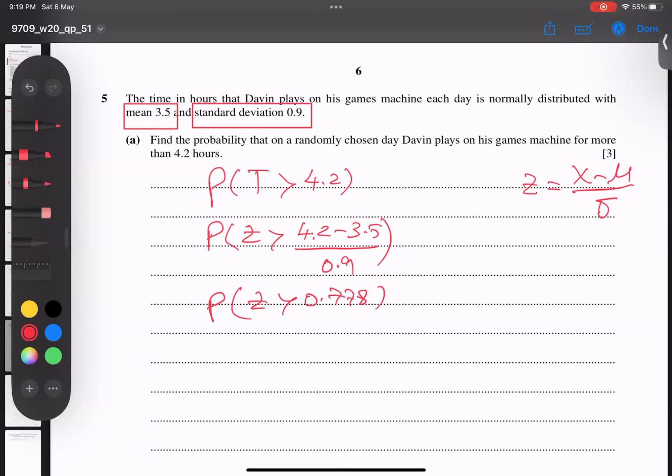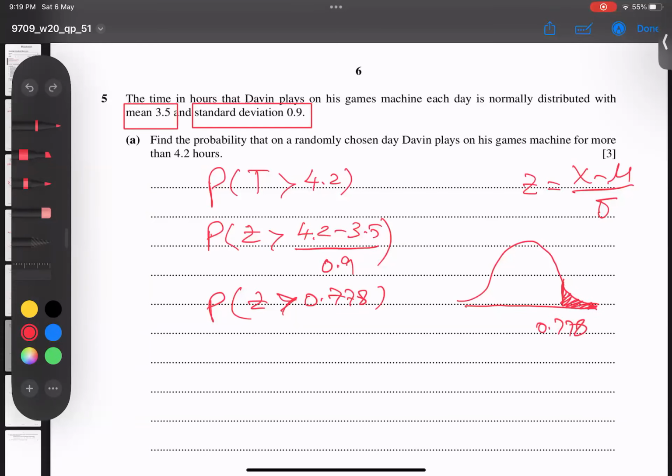Now, students, I always do it by bell shape. First question you ask yourself: is it positive or negative? Positive, and positive always goes right side. If negative comes, it's always left side. Then I will write this number here, and x is bigger than that. Bigger is right side. So this area I'm looking for.